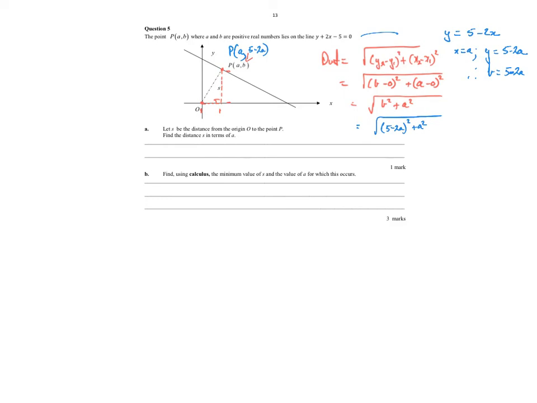I could leave it there, but I'm going to use calculus and it's tech-free, so I'm probably going to need to simplify.